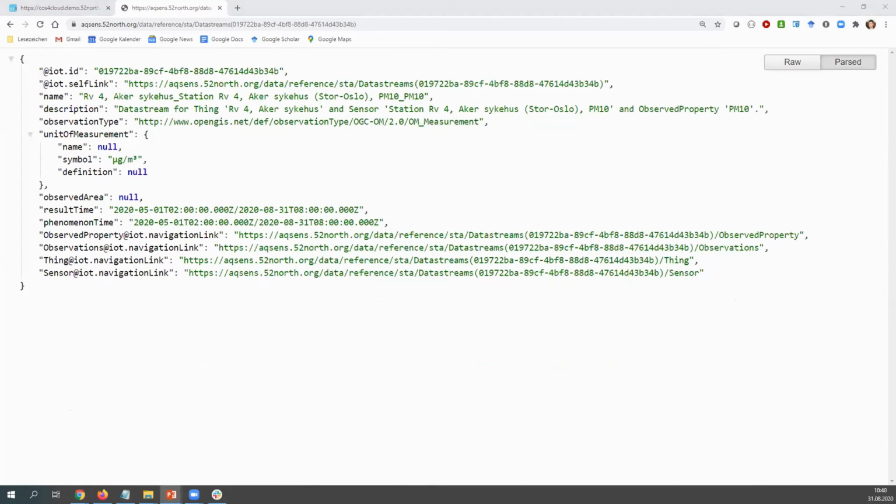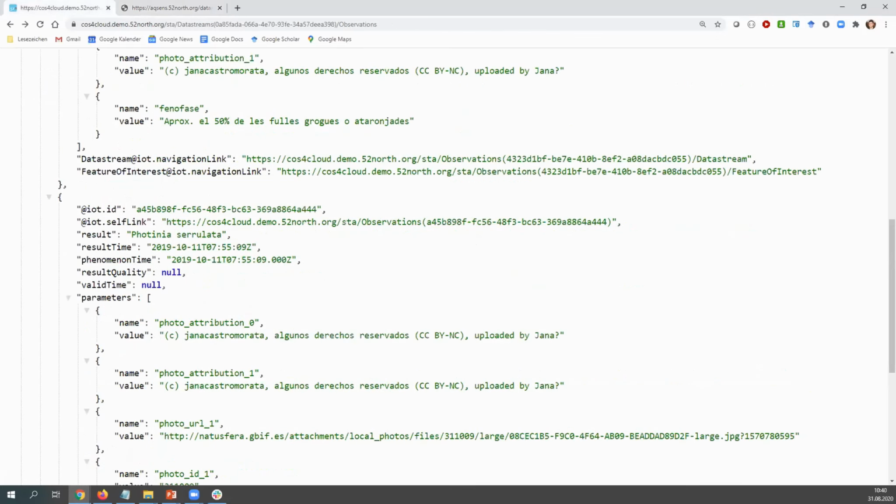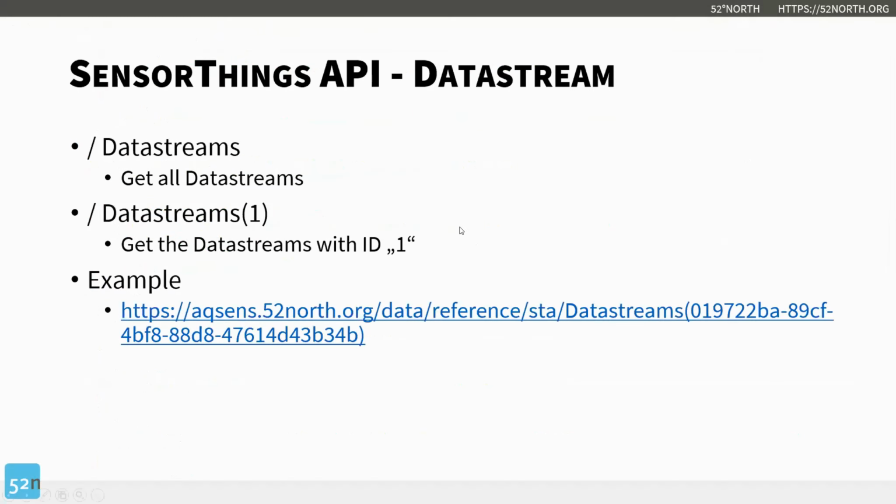The interesting thing now is that for each data stream, I have shown you before, we get the core properties, and via the observations link, we get directly to all measurement values available here at that location. Okay, that's it with that property. Back to the presentation. Now we are back.